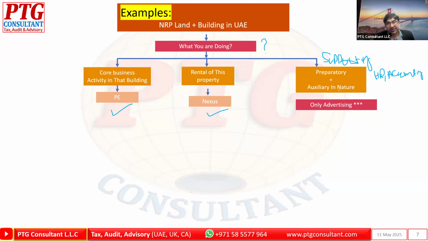Auxiliary in nature, what does that mean? Overall, these activities are not generating revenue from a commercial point of view. Commercial is a broader term; it means we are generating revenue. These activities are not commercial, this is only our cost center.